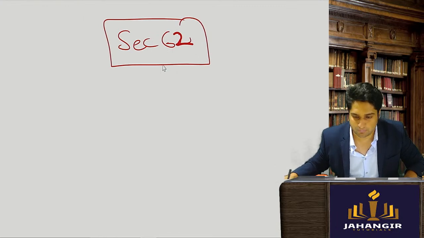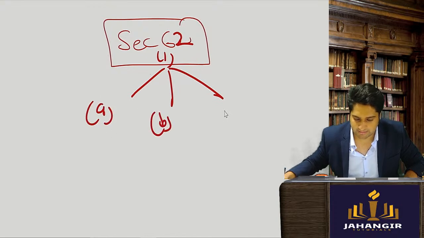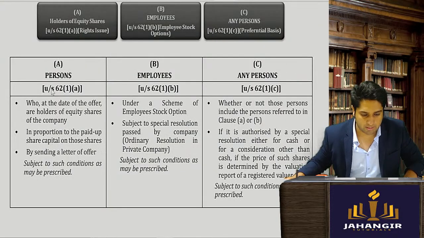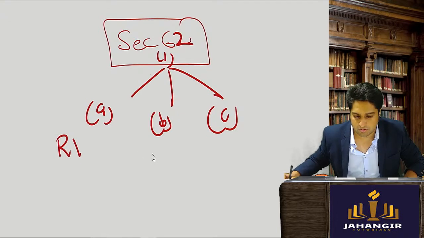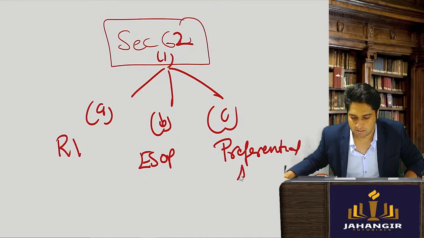Now 62 1, A, B and C. A talks about right issue. B talks about ESOPs. And C talks about private placement or preferential allotment.